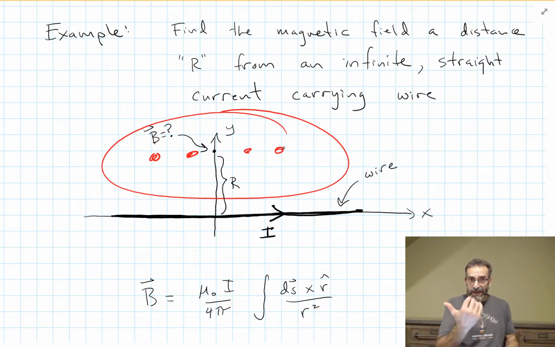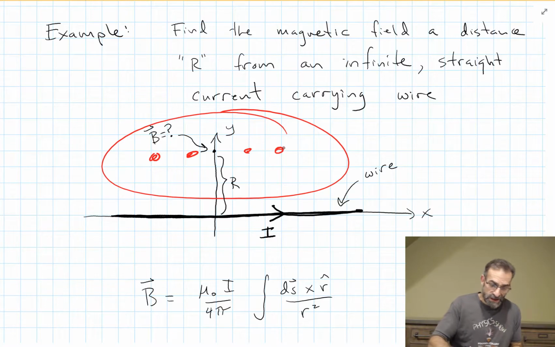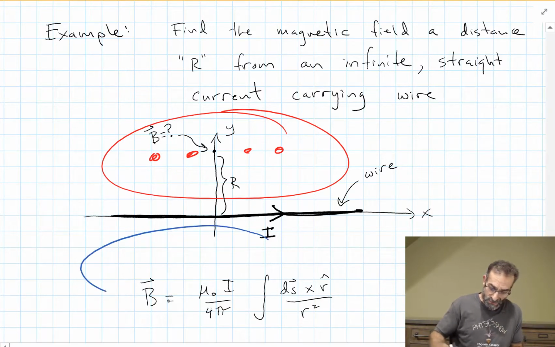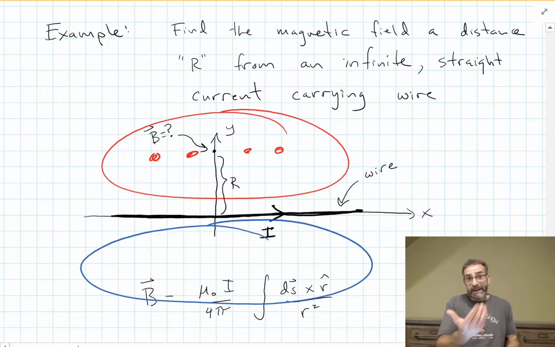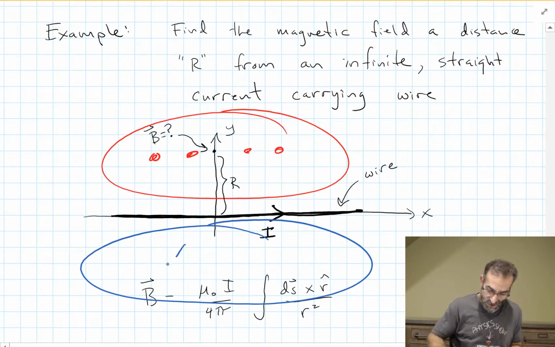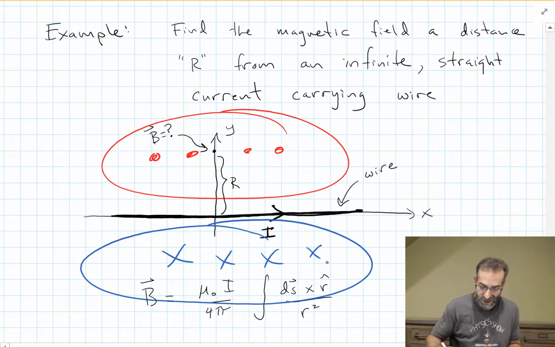And if I let my fingers roll around to the other side, so any place down here, my fingers are going to roll around and point into the page. So down here, the magnetic field has to point into the page. Any place below the wire in the plane of the page.